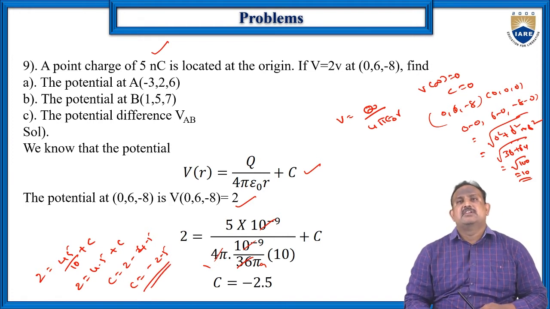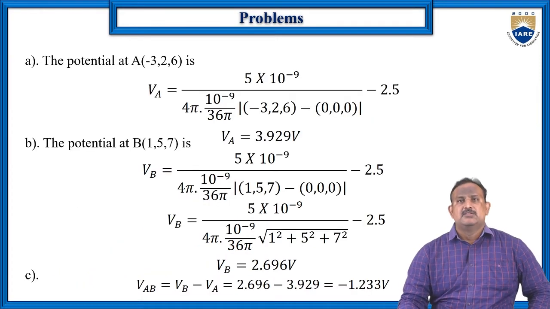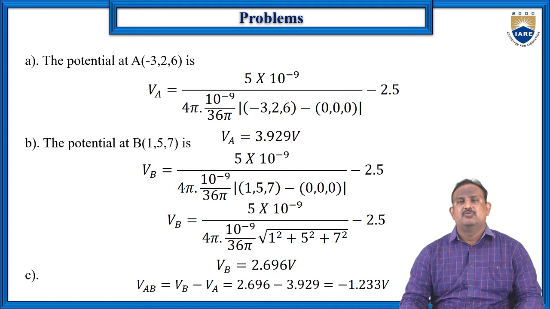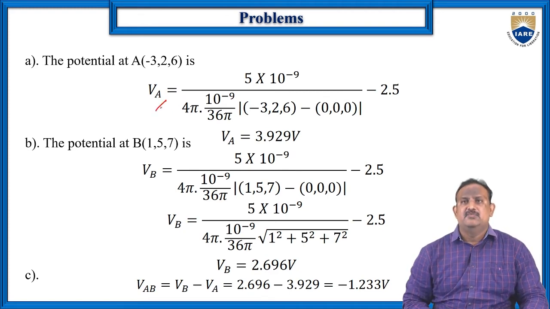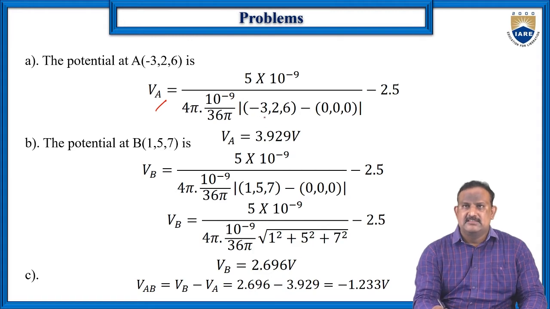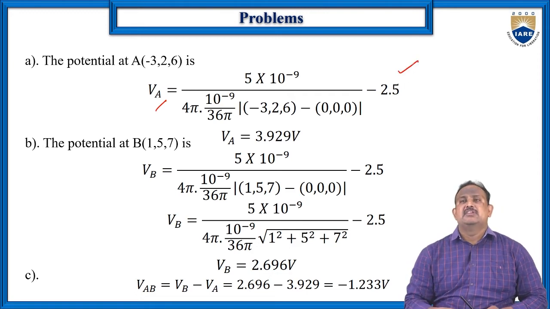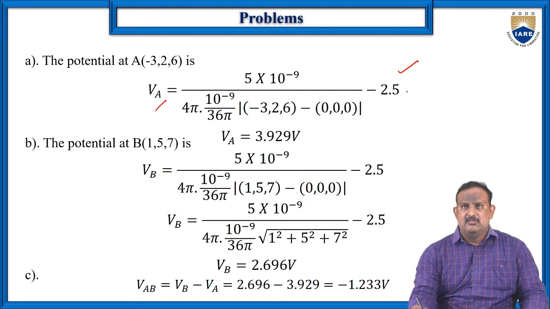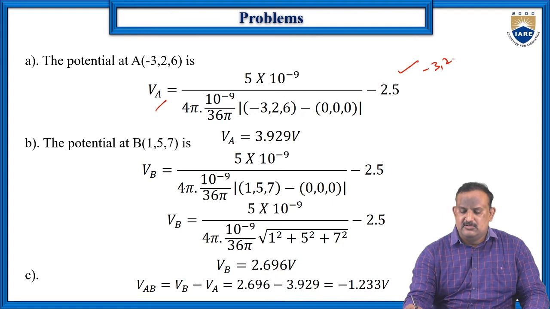Now we need to find the potential at point A (-3, 2, 6), using the known formula. The potential at point A is VA, equal to Q by 4 pi epsilon naught, same as the previous one, and we need to find the distance between (-3, 2, 6) and (0, 0, 0). Then we substitute the C value, plus C, which is minus 2.5.